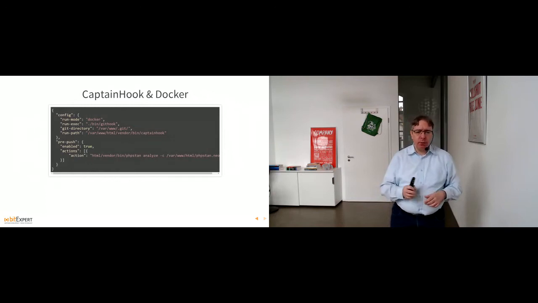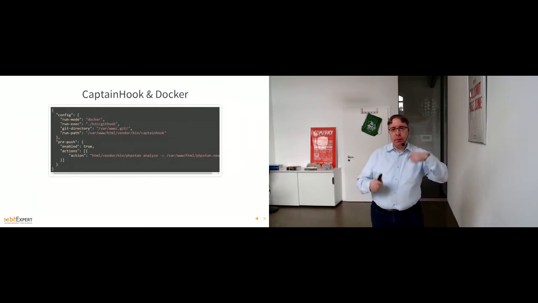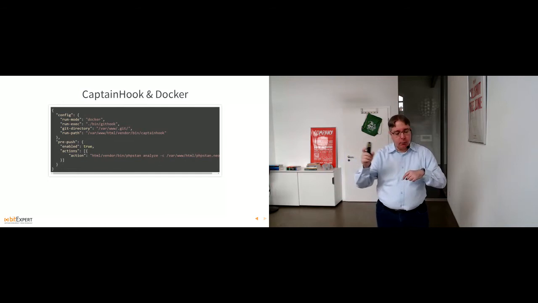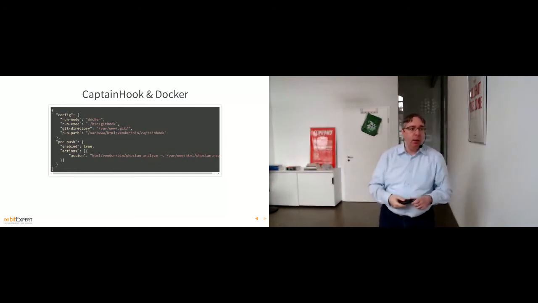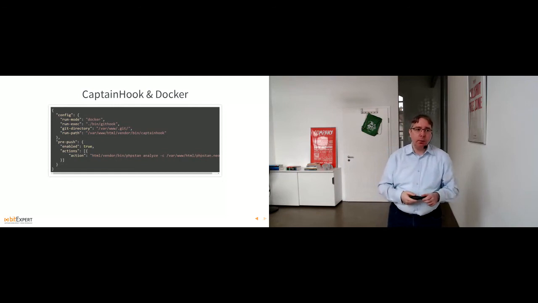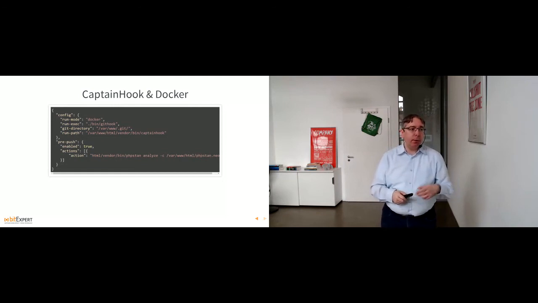The configuration is a bit more complex because obviously it's not that easy to do something on the host and then figure out what to do inside a Docker container. But once you figure out how things work, it's quite easy. So you need to define four configuration parameters.